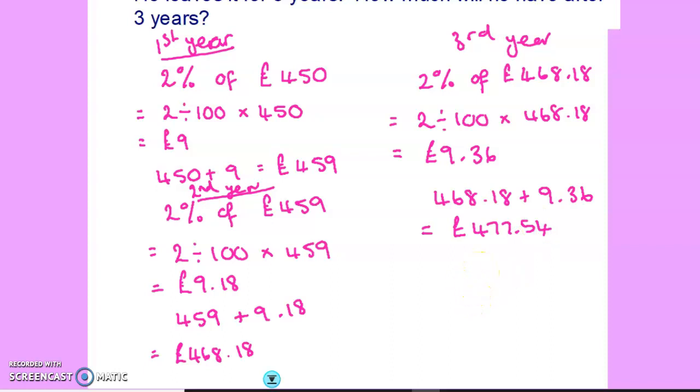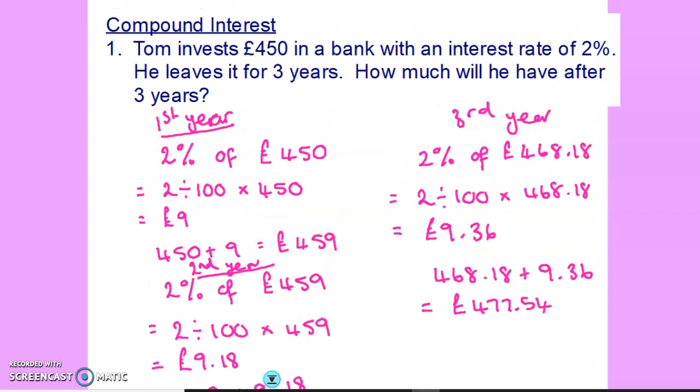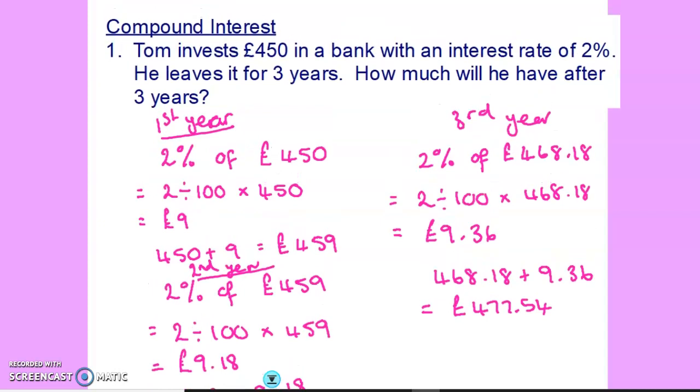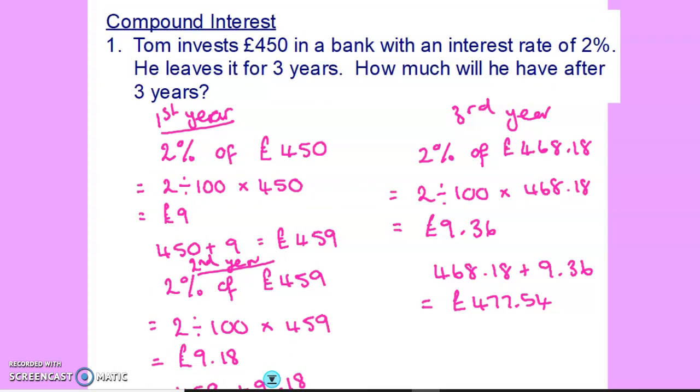So after 3 years, leaving the money in the bank, he'll have £477 and 54 pence. £450 of that was the original investment, so £27 and 54 pence of that must be how much he has made in interest. And again, it's not for doing anything, it is just for leaving your money sitting in the bank account doing absolutely nothing.